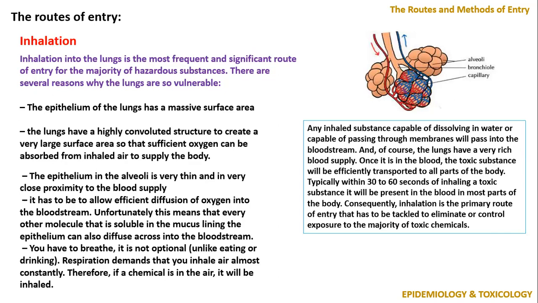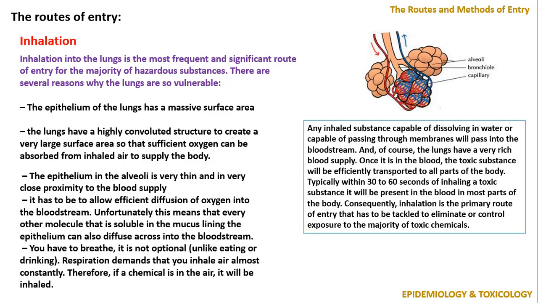The epithelium of the lungs has a massive surface area, and the lungs have a highly convoluted structure to create a very large surface area so that sufficient oxygen can be absorbed from the inhaled air to supply the body.